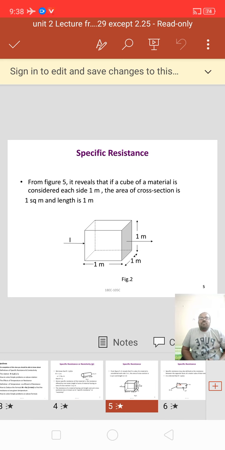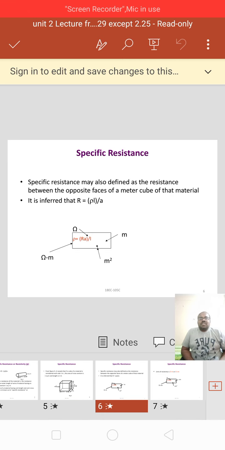For knowing a key concept of the specific resistance, here I have shown a figure. It reveals that if a cube of a material is considered, each side is 1 meter, the area of cross section is 1 square meter and length is 1 meter.